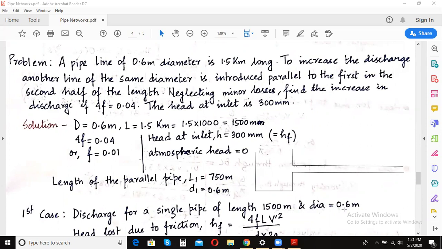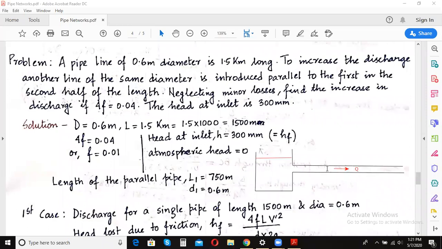Now you have water in this pipe. I will show the water in red. You have water in this pipe and flow is taking place through this pipe. Suppose the discharge of the flow taking place is Q.